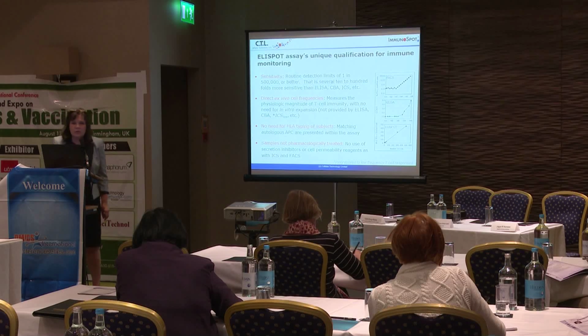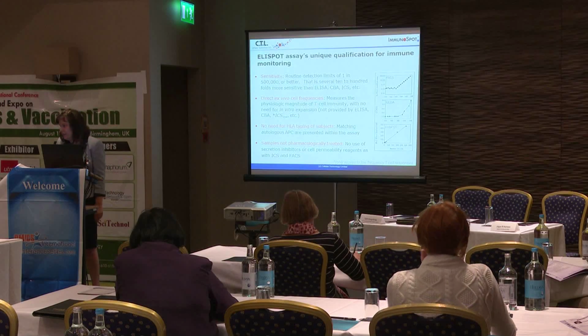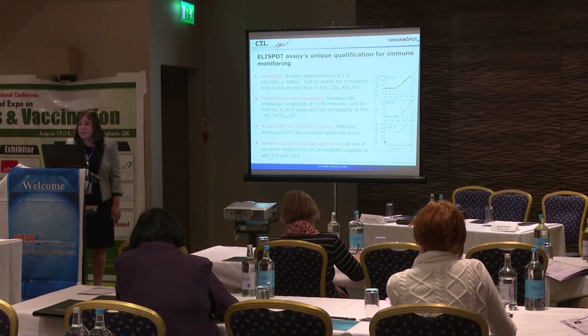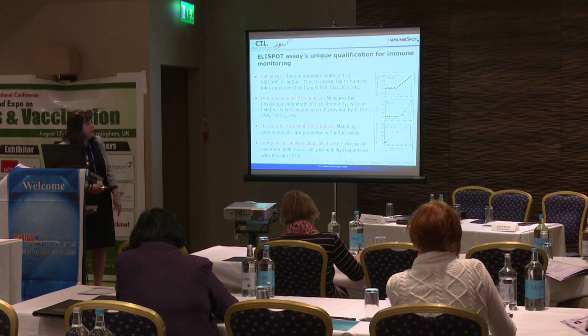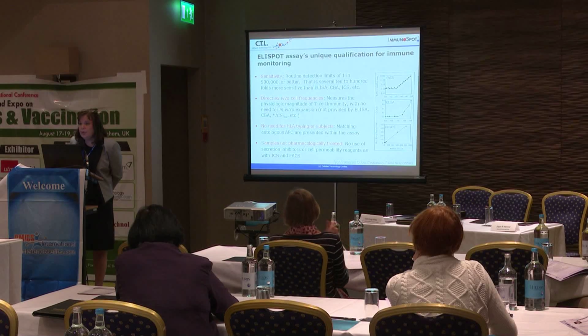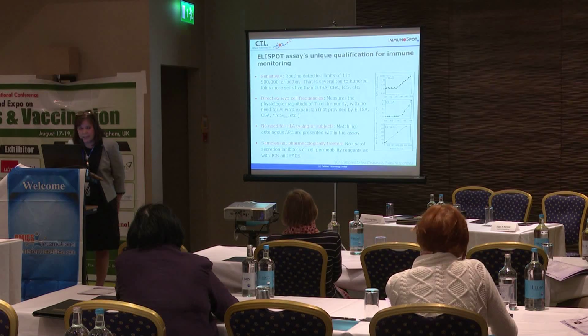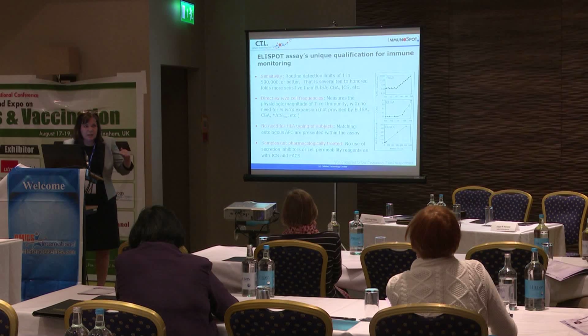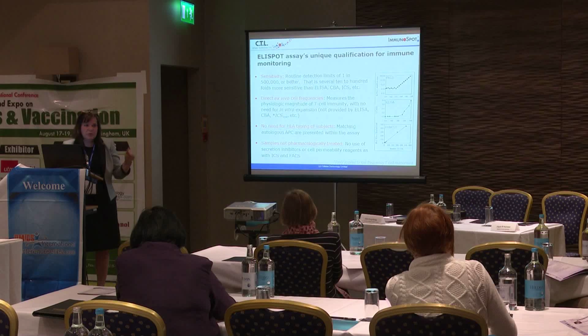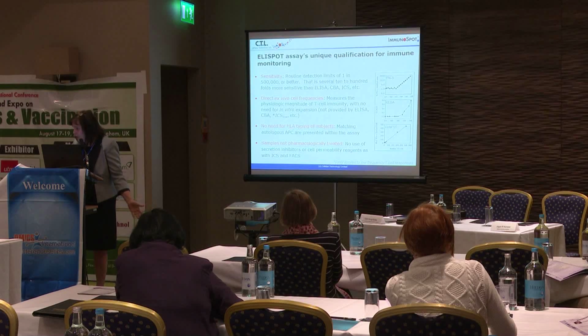Maybe if your system is super good and you collect many 100,000 gated events, where you need milliliters of whole blood and sample stain, and do the acquisition for more than half an hour per sample, then you might go down to 500 interferon gamma producing cells per million. So that is your limit. If you have frequencies directly in vivo in patients or humans which are below 500 interferon gamma producing cells out of 1 million, then you will not see it. It will be negative, right?